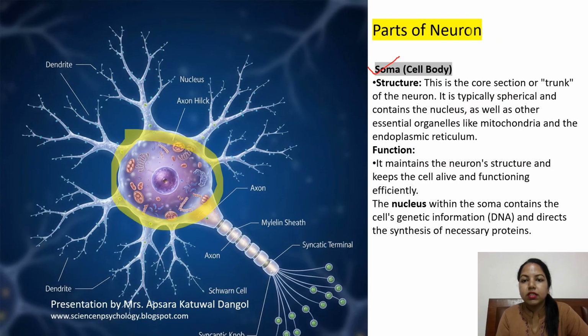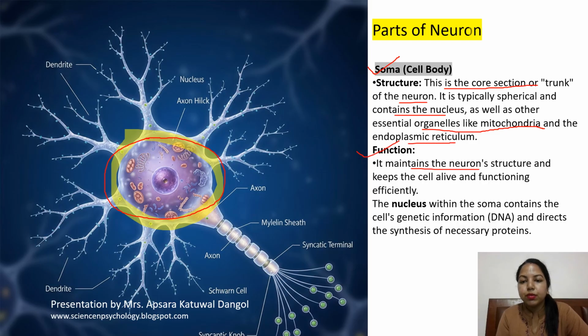Next is the soma or cell body. This sphere-like figure is the cell body or soma. It is the core section or trunk of the neuron. It is spherical, and it contains the nucleus as well as other essential organelles like mitochondria and endoplasmic reticulum. What is its main function?